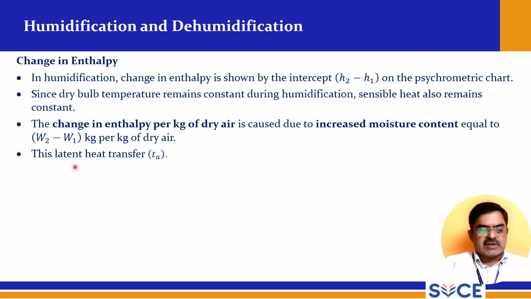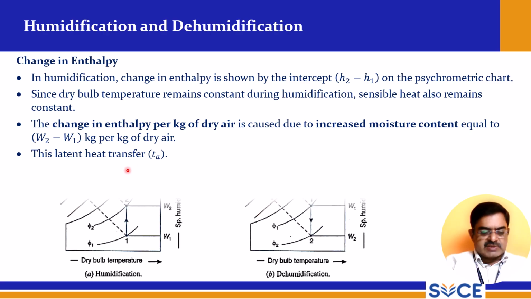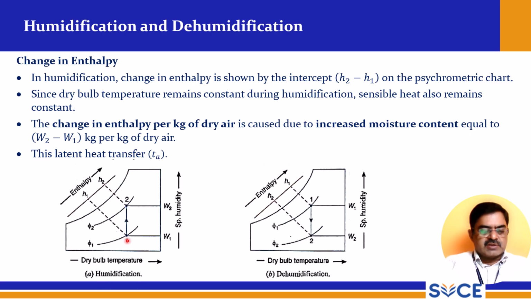So this is the latent heat transfer. Now this is the humidification process. From 1 to 2 the specific humidity increases from W1 to W2, whereas in dehumidification from 1 to 2 the specific humidity decreases.